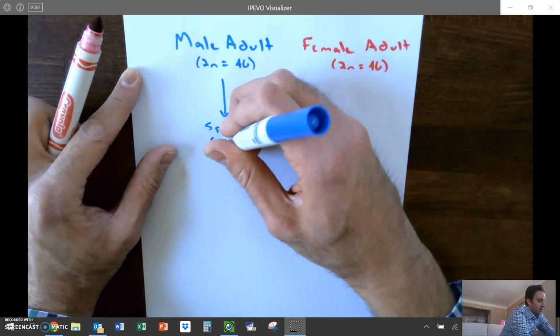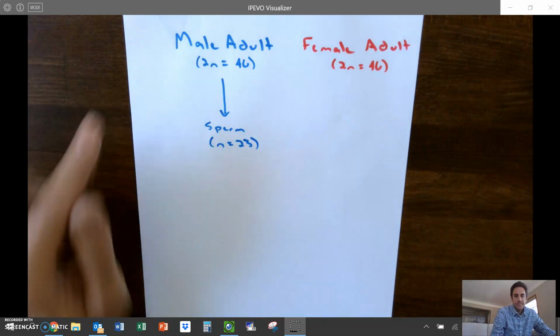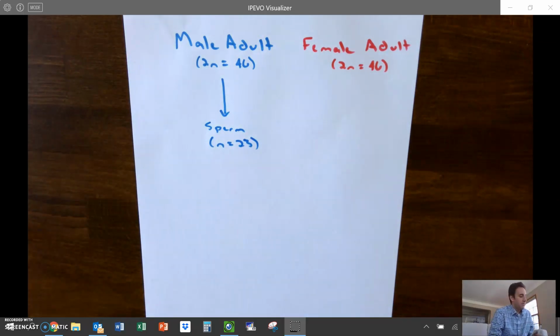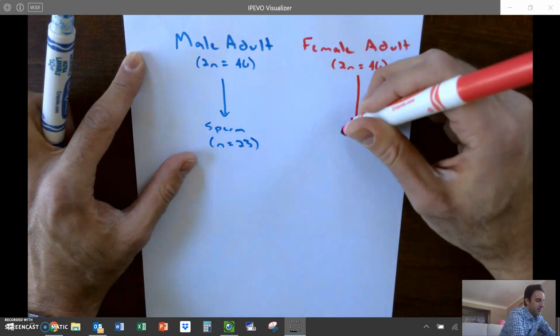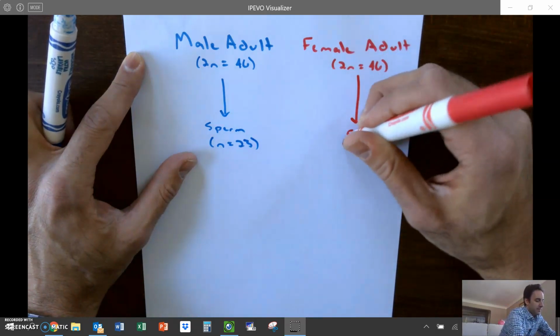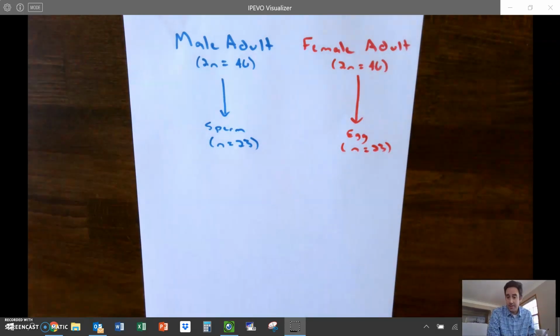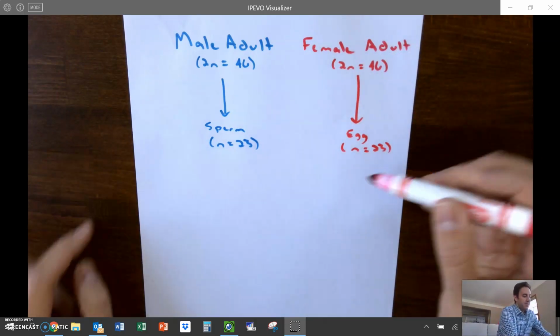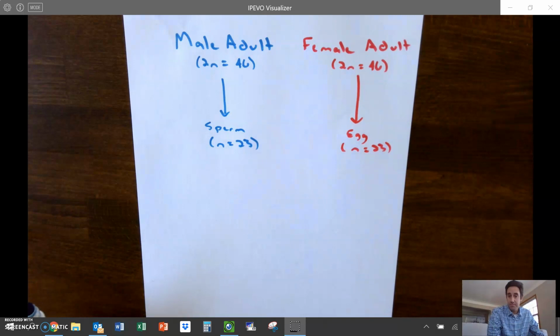And the sperm cells are going to be haploid, where n is equal to 23. Females, similarly, are also going to be carrying out this process called meiosis, and they're going to be making egg cells, which are also haploid, where n is equal to 23. So the somatic cells are diploid, but then they're also making these sex cells, these gametes, which are haploid.